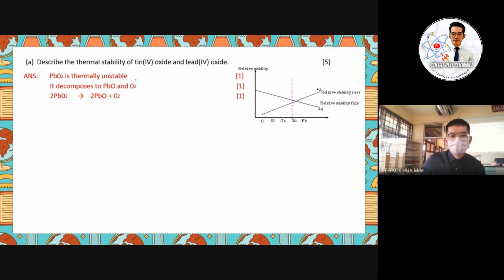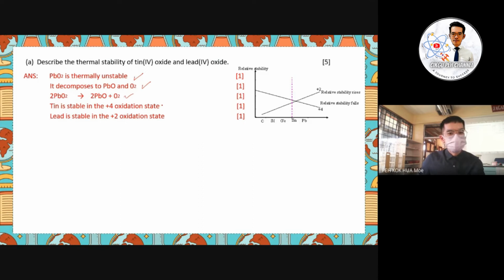So you give the comparison: lead(IV) oxide decomposes to form lead(II) oxide, which is stable, and we give the equation. And for the oxidation state, you have to mention that tin is stable at +4 and lead is stable at +2.